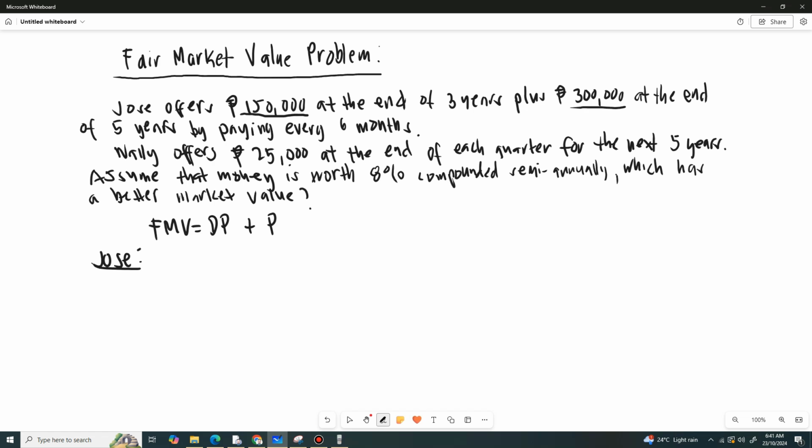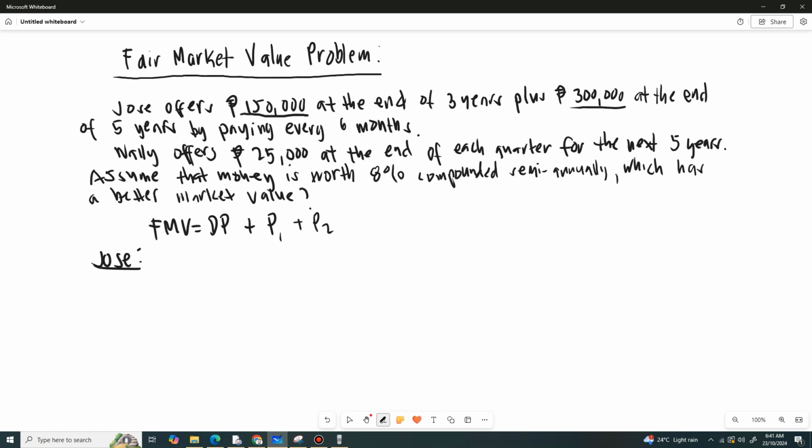So, sa problem na to kay Jose, yung offer niya is we have two present values. So, this becomes present value 1 and present value 2. The formula for present value for Jose will come from the compound interest or the compounding more than once a year. So why is that?